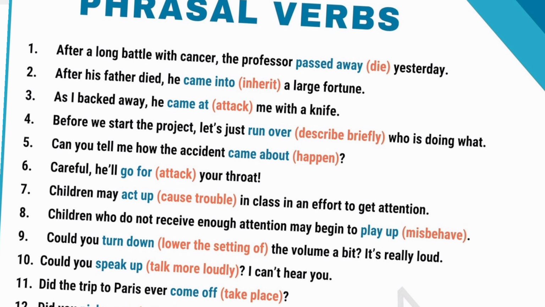Note the terms. Transitive verbs are followed by a noun or pronoun object, and intransitive verbs are not followed by a noun or pronoun object. So in type 1 we have verb plus preposition, transitive.